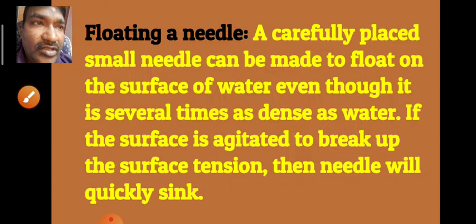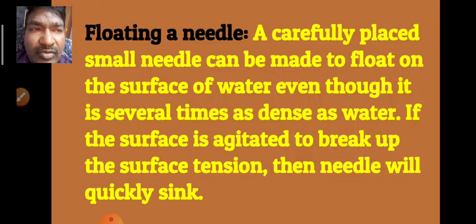Now look here. A carefully placed small needle can be made to float on the surface of the water, even though it is several times as dense as water. If the surface is agitated to break up the surface tension, then the needle will quickly sink.